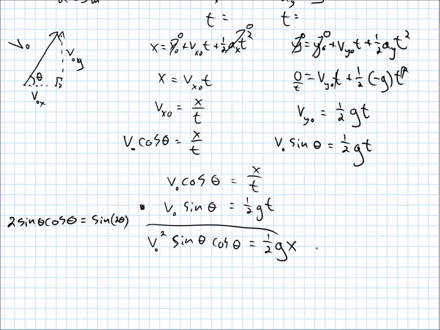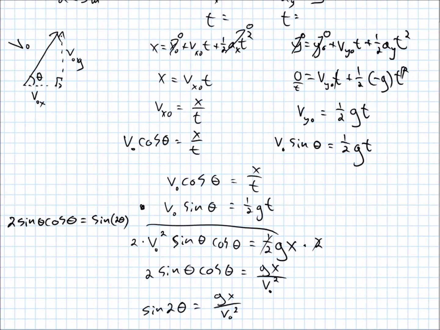I'm going to multiply both sides by 2 to cancel out this 1/2, and I'll divide over the v initial squared, and I get 2 sine of theta cosine of theta is equal to gx over v initial squared. And there I have my 2 sine theta cosine theta, so I can rewrite this as the sine of 2 theta is equal to gx over v initial squared.